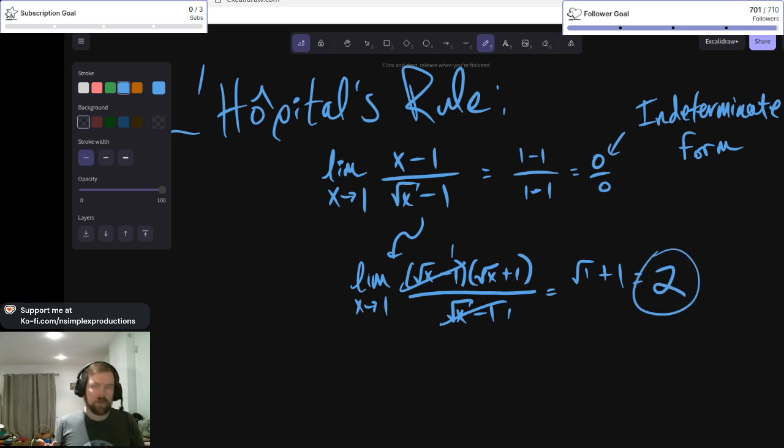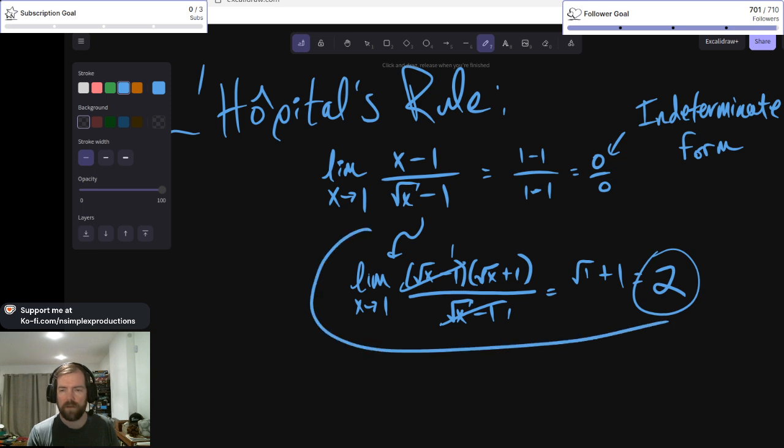Now, in theory, you could also do this using this L'Hopital's rule thing. You could solve it using this L'Hopital's rule thing and make sure that we also get 2 here.